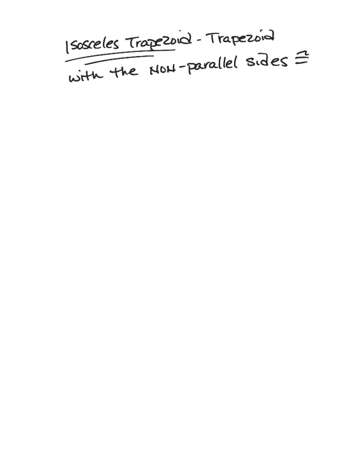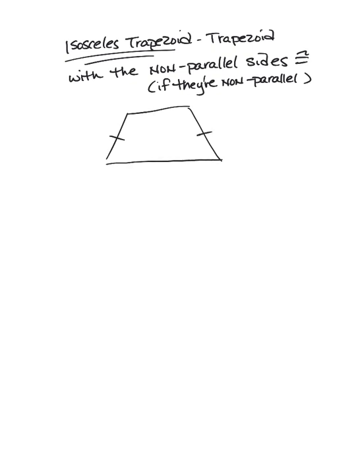Okay, but they could be parallel with the non-parallel sides, okay, if they're non-parallel, which they usually are, okay, but you just have to be careful because trapezoids could be parallelograms. So an isosceles trapezoid, you would have, okay, these two non-parallel sides would be congruent.